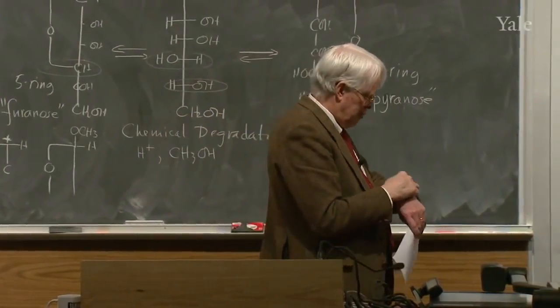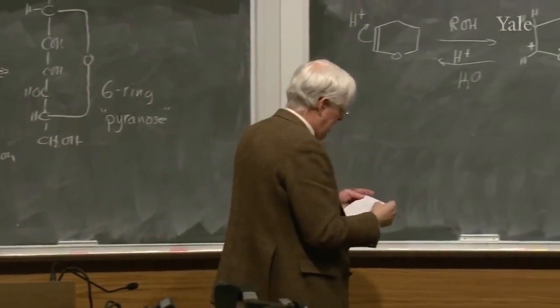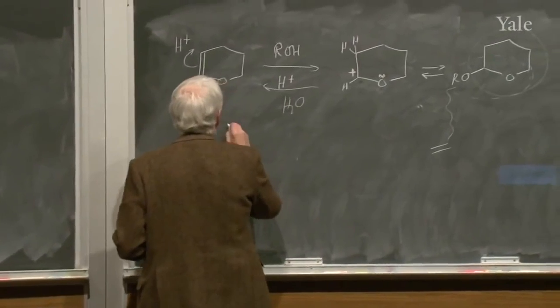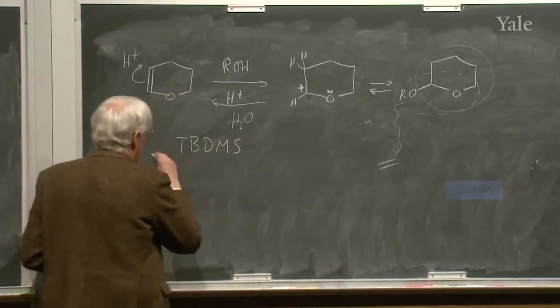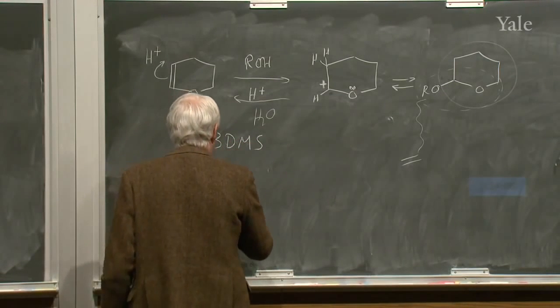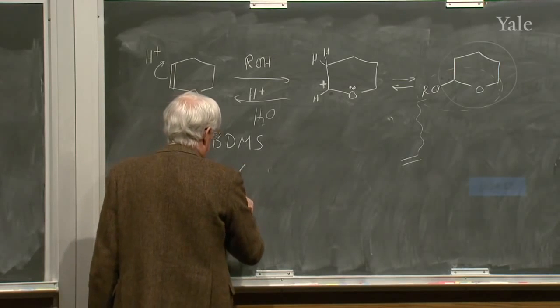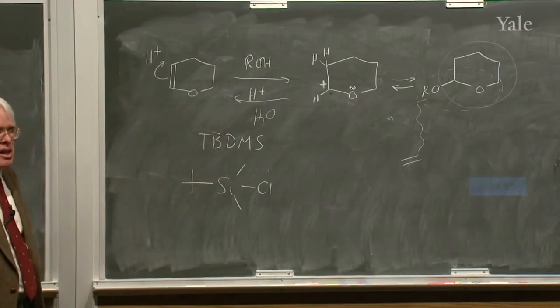I'll mention one other protecting group for alcohols here because they mention it in the textbook that many of you have, which is called TBDMS. It's t-butyl dimethyl silyl. So t-butyl dimethyl silyl, and you start with the chloride, right?